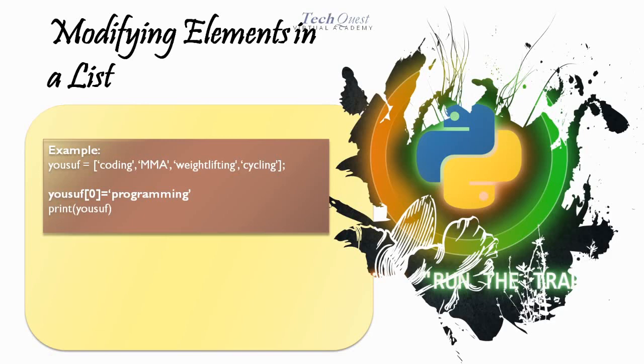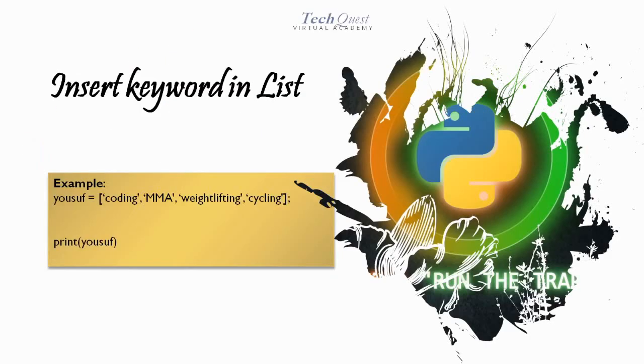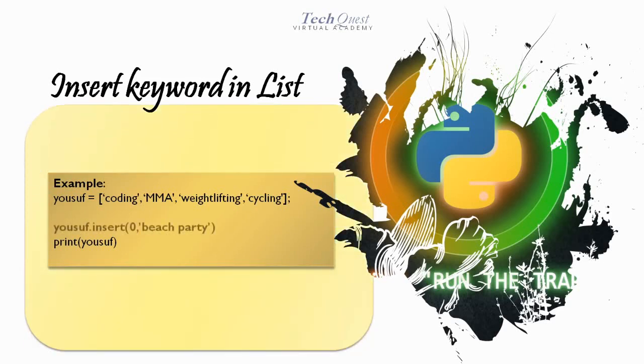Now moving on. We can also insert keywords in the list. So here again, for example, I created a list of strings and stored it in a variable Yusuf. Now I want to insert a keyword or a string before coding, before the 0th index.